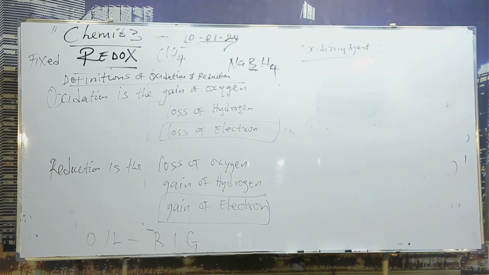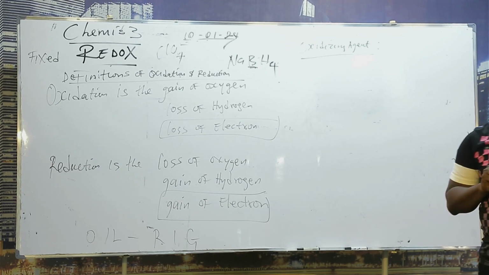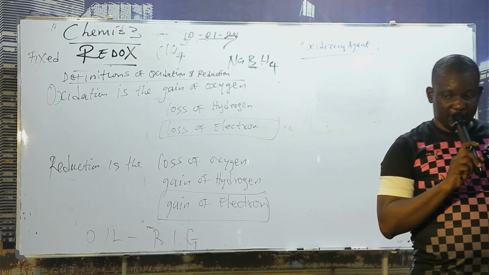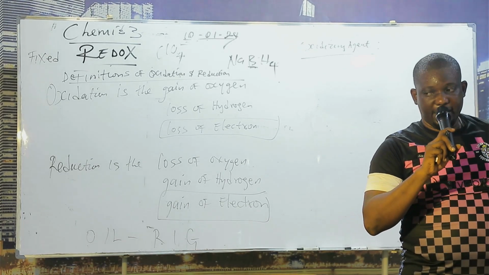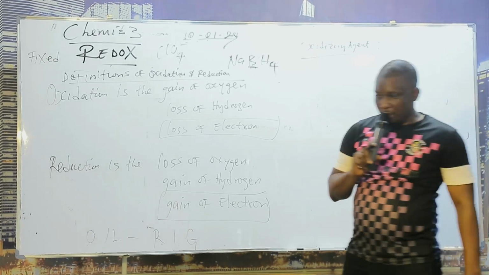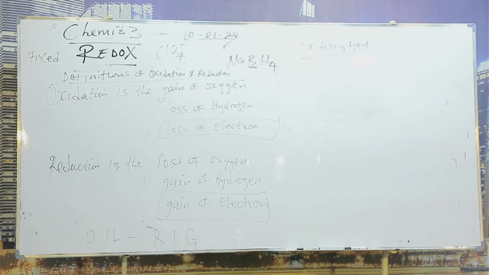Write it down exactly as he said. Oxidizing agents are electron acceptors. That is, they gain electrons.